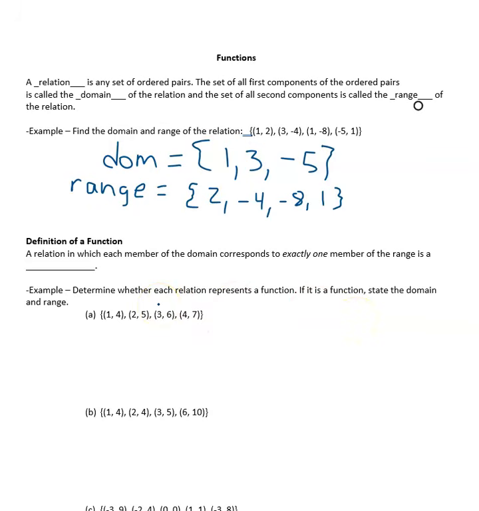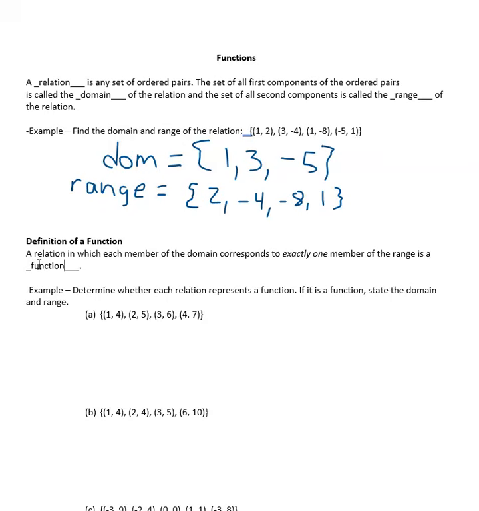So now that we understand what a relation is, now we can take a look at what a function is. So a function is a specific type of relation. A relation in which each member of the domain, so each X value, corresponds to exactly one member of the range, or Y value, is called a function.